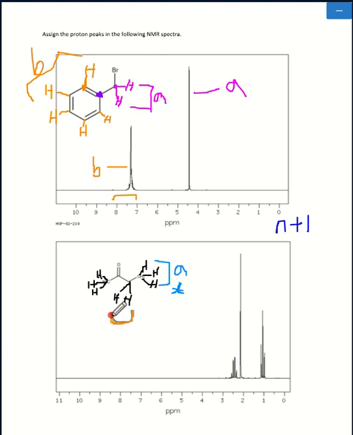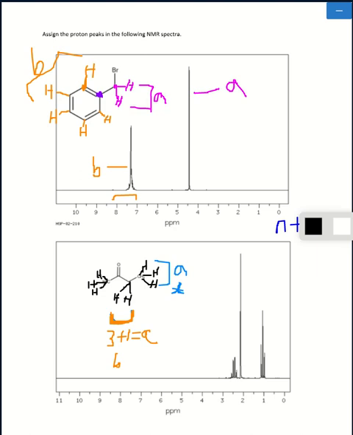The carbon to the right of it has 3 hydrogen, and the carbon to the left of it has 0 hydrogen. Therefore, 3 plus 0 is 3 neighboring hydrogen, and we add 1 more. That adds up to 4, so the signal for those 2 hydrogen would split up as a quartet. I'm just going to label those 2 hydrogen as B.